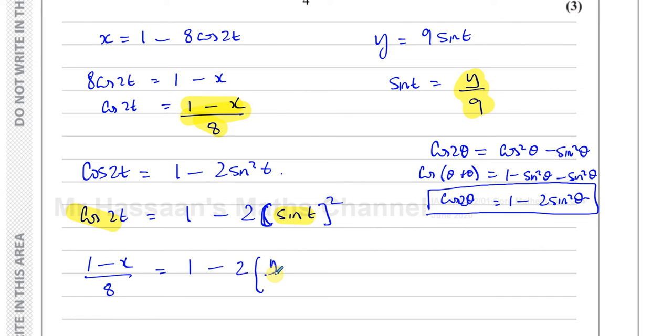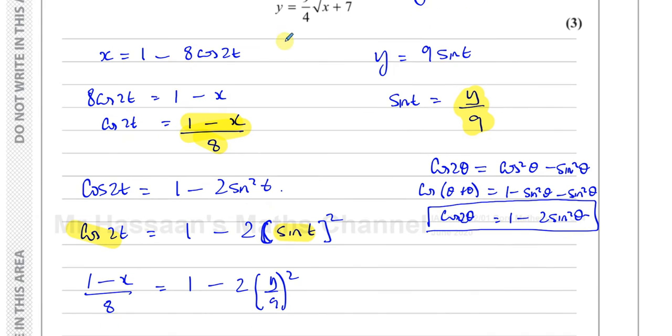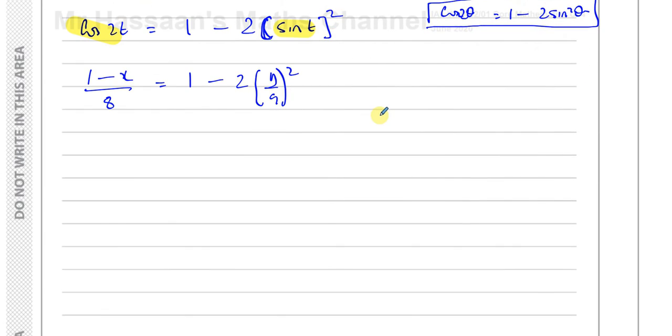So I've got 2 times y over 9, and this is squared. Now for us, the task is to rearrange it so you've got y as the subject and simplify it, and hopefully it will turn out to be exactly what they've got there. So let's see what happens here. So this is 1 minus x over 8 equals 1 minus 2 times y squared over 9 squared, which is 81. Let's make this into one fraction first.